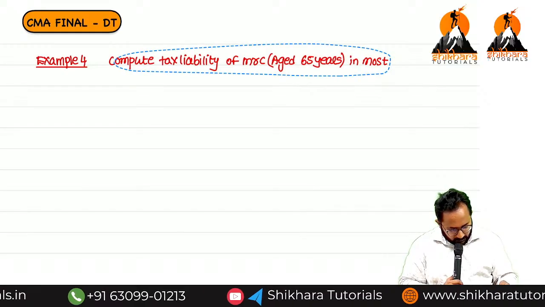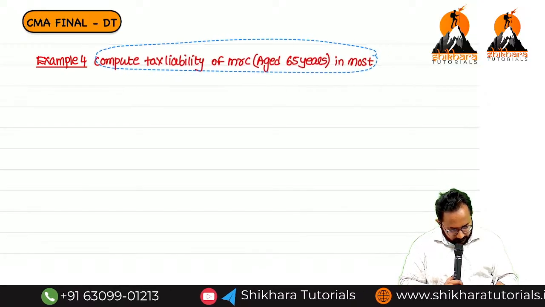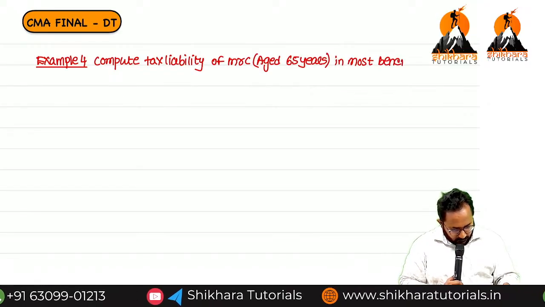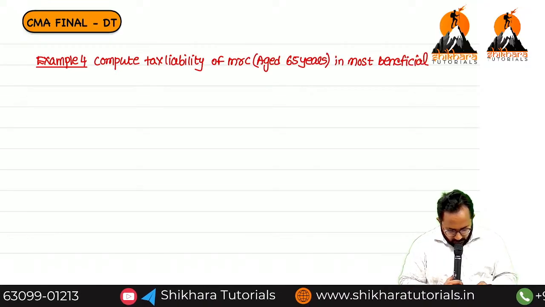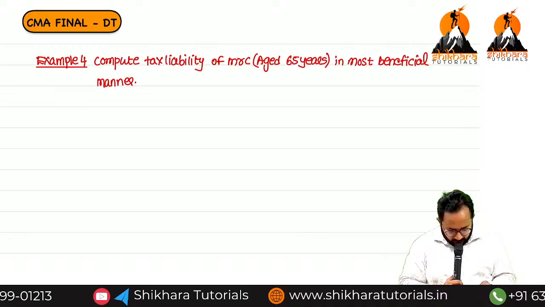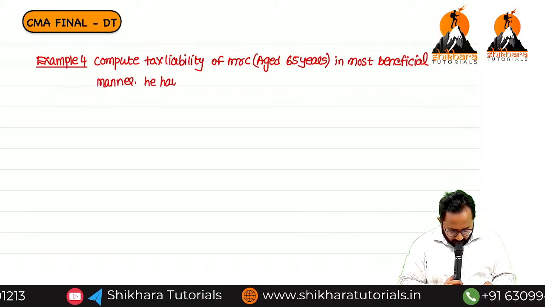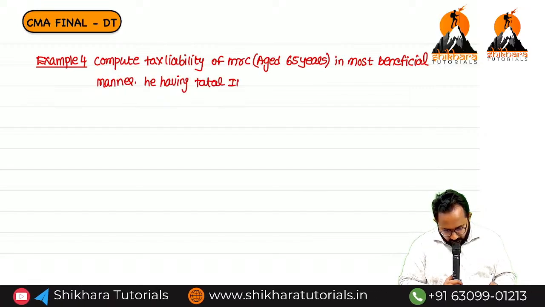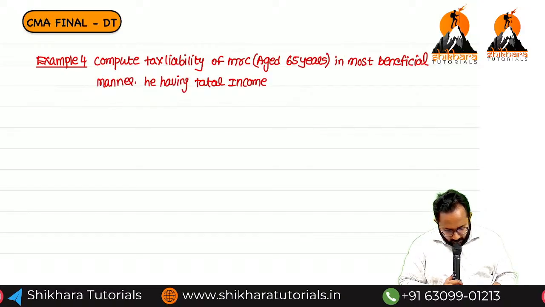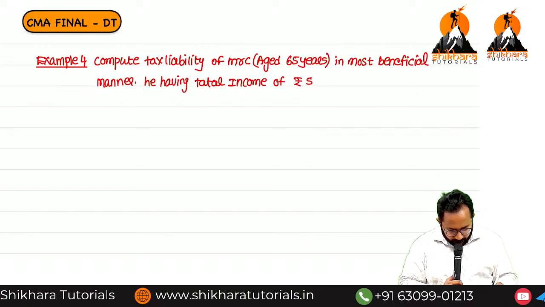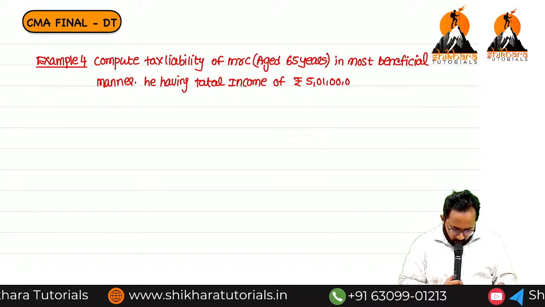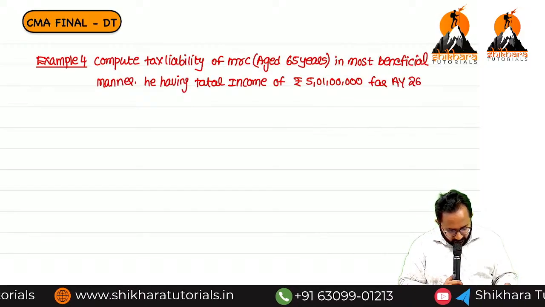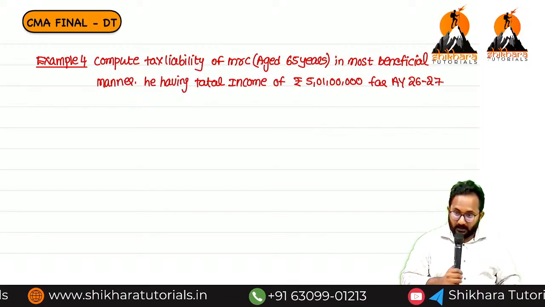You are required to calculate in the most beneficial manner. He has total income of rupees 5 crore 1 lakh for assessment year 26-27. Try on your own now.